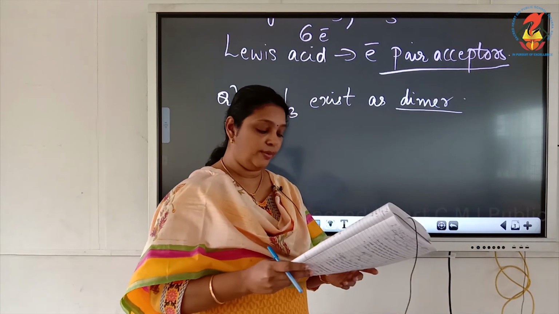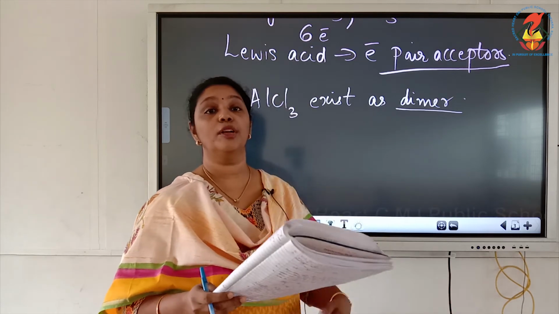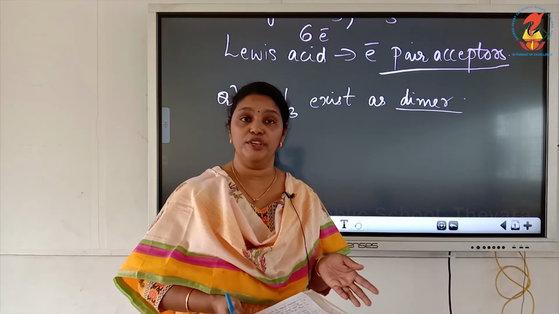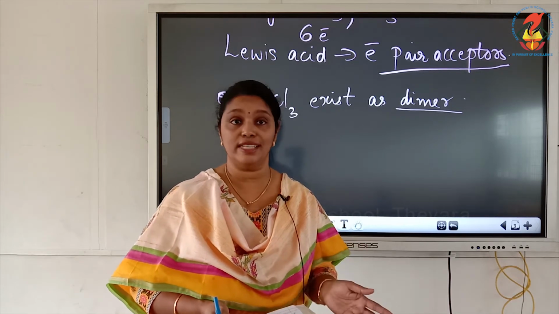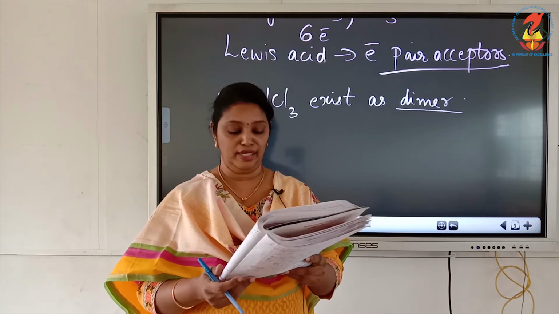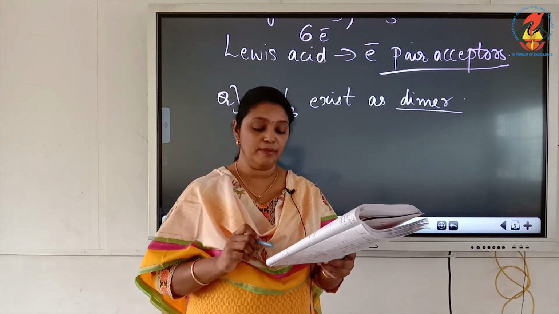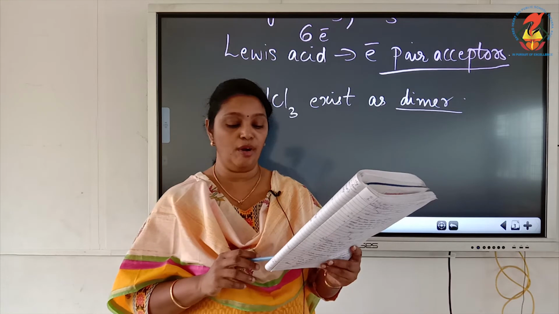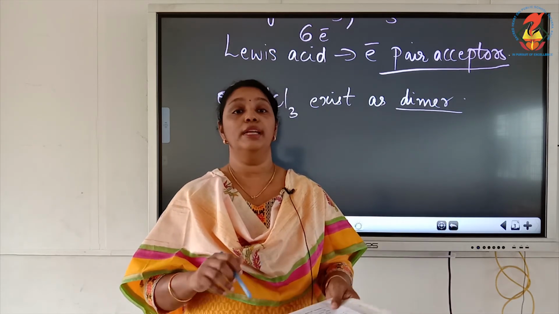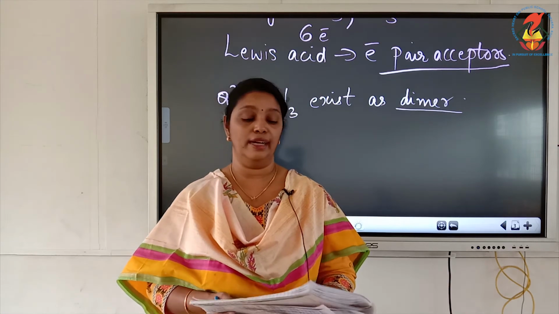Or the question can be asked as, how does aluminum chloride attain stability? We know that aluminum chloride is an electron deficient species, so it is unstable. So, how does it get stability? By forming a dimer. The answer is, aluminum chloride is an electron deficient compound with 6 electrons in the valence shell of aluminum. So, it becomes stable by forming a dimer.